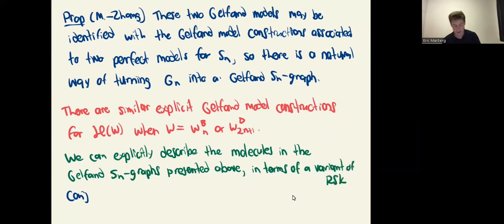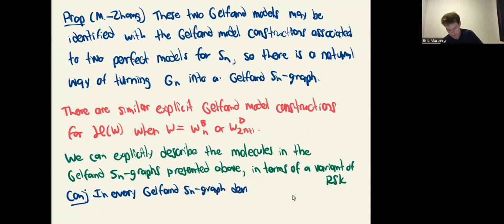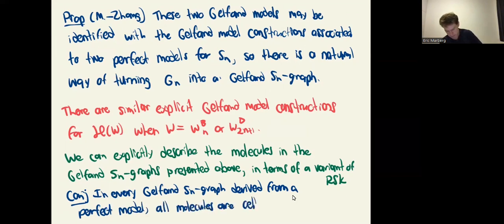So there's an explicit characterization, and then we conjecture that in every Gelfand Sn graph derived from a perfect model, all molecules are cells and all cell representations are irreducible.